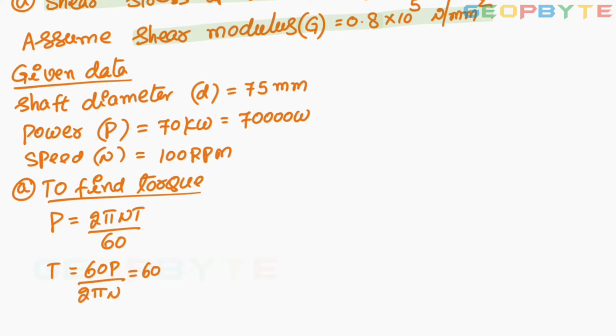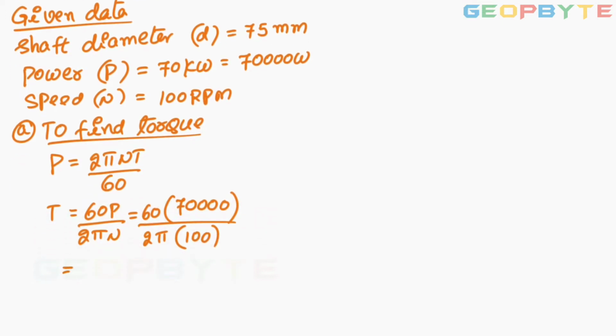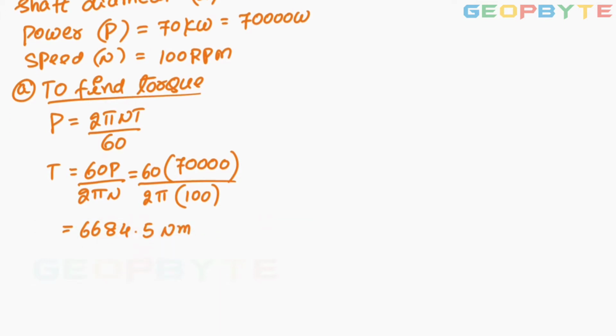That is 60 into 70,000 divided by 2 into pi into 100. Simplify this value for getting the torque around 6684.5 Newton meter. Better to take it in Newton mm: 6684.5 into 10 raised to 3 Newton mm. That is the first bit.